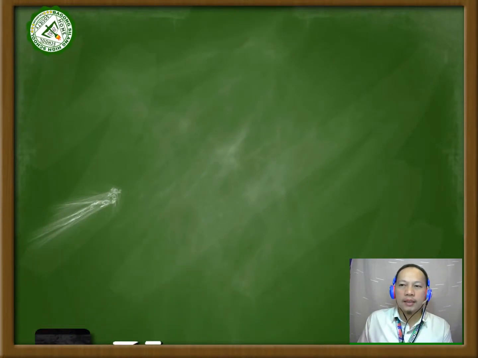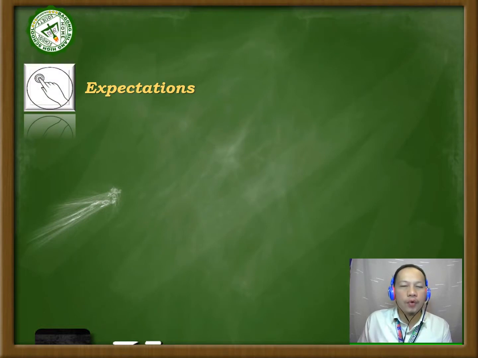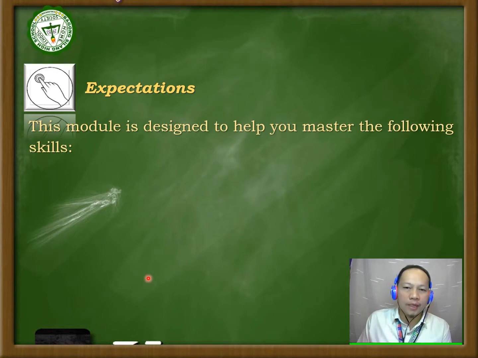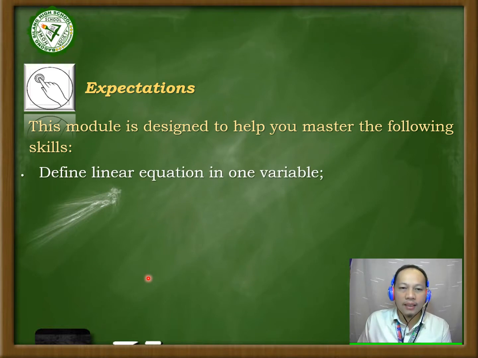Before we start the lesson, let me first read to you the expectations after going through this module. This module is designed to help you master the following skills. Define linear equation in one variable.